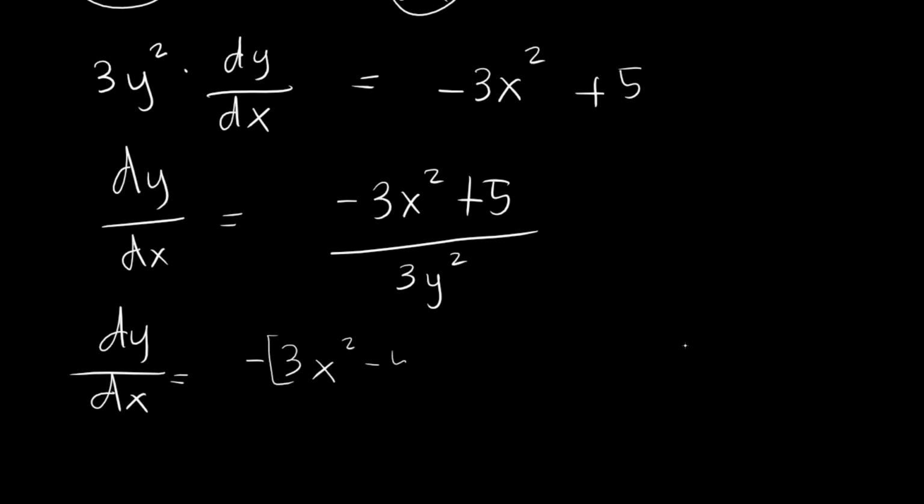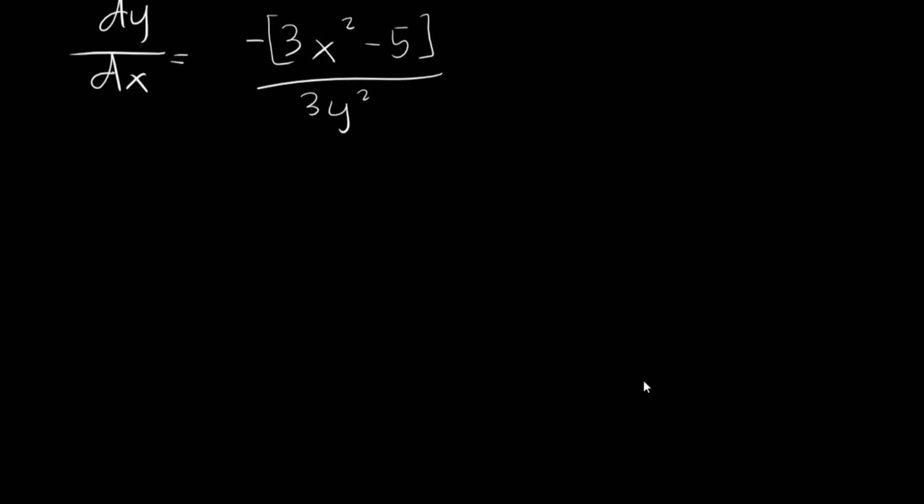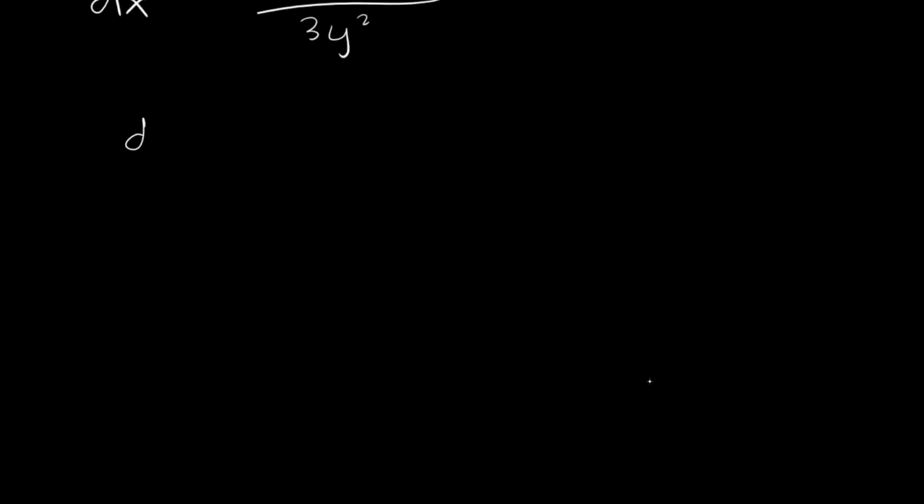Factor mo daw si negative minus 5, ganyan, over 3y squared. So, depende. Depende pa din talaga sa teacher nyo. Pero, halimbawa, ganito na yung sagot mo, ipaglaban mo na. Kung kaya mo naman ipaglaban. Okay? So, this is the answer. And it is acceptable naman.